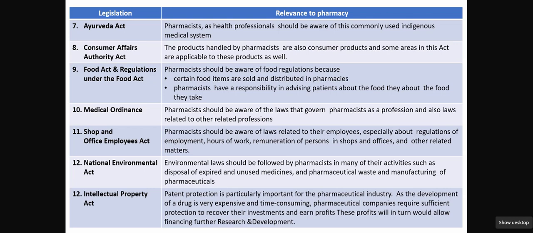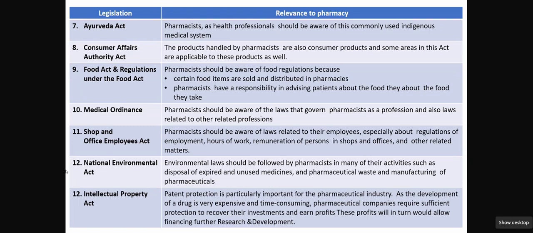Shop and Office Employees Act, because they are employees, especially regarding regulation of working hours and remuneration, right? And the National Environmental Act, because of activities such as disposal of expired and unused medicine, pharmaceutical waste, and manufacturing of pharmaceuticals.